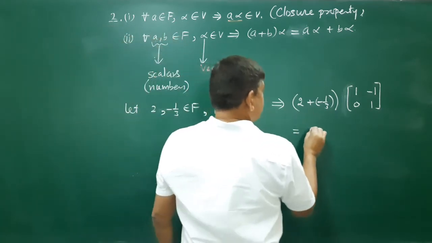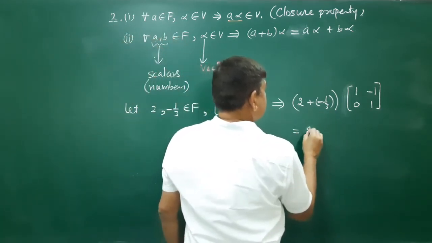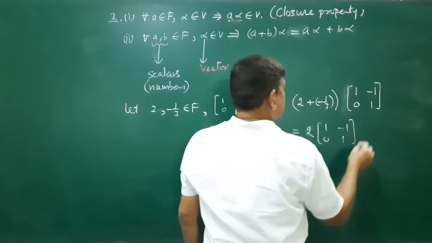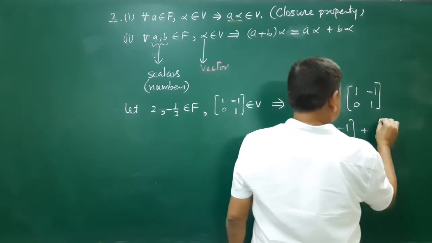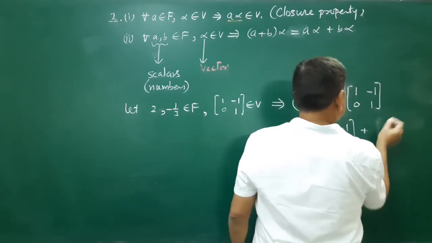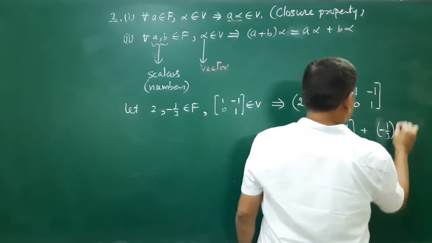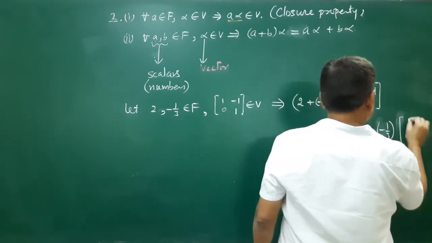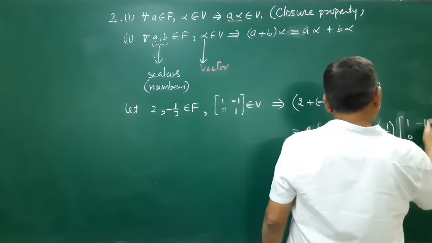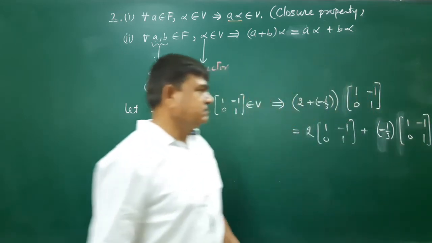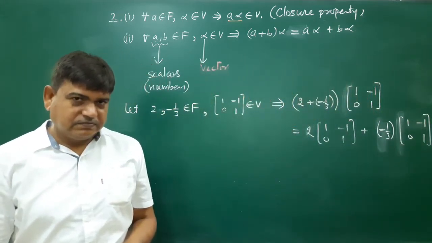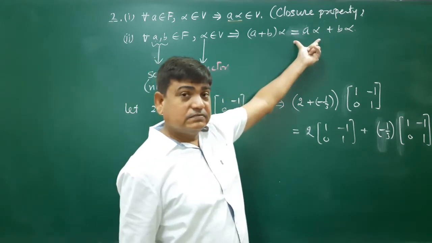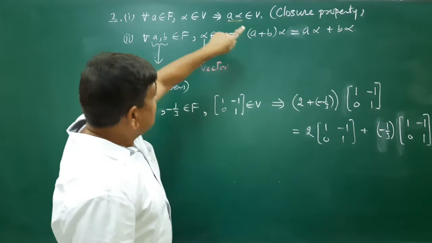A means 2, B means minus 1 by 3, and here it is 1 minus 1, 0 1. Look at this.